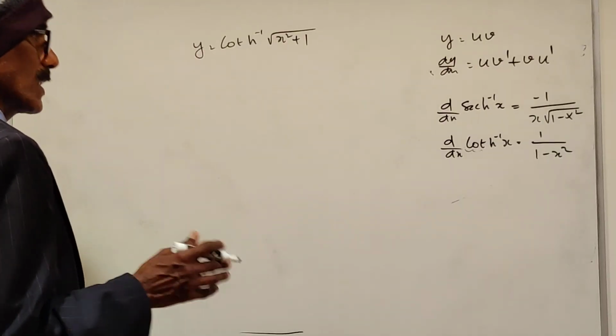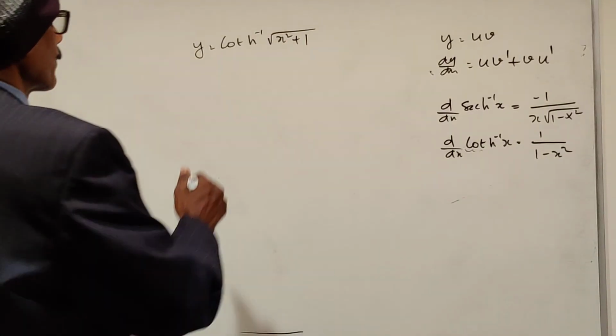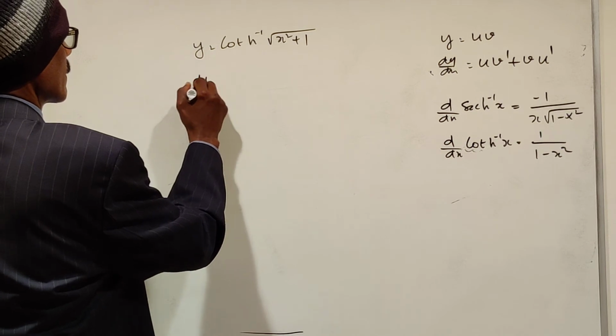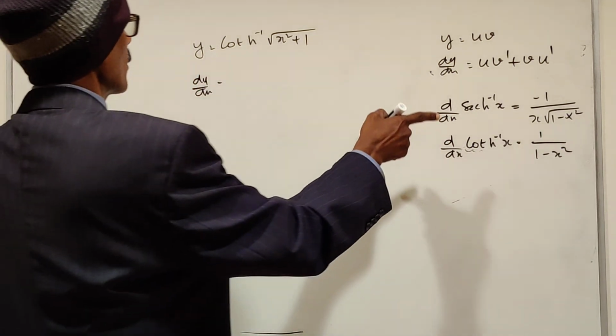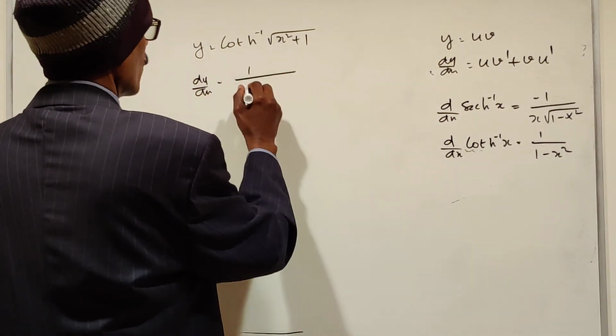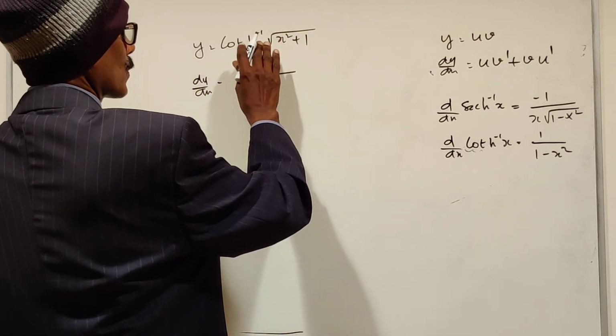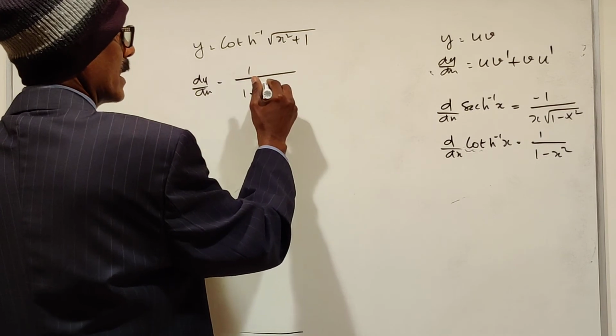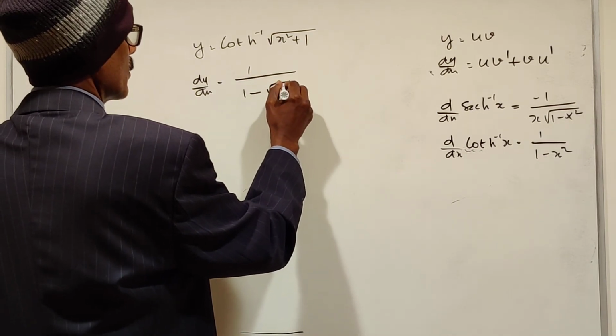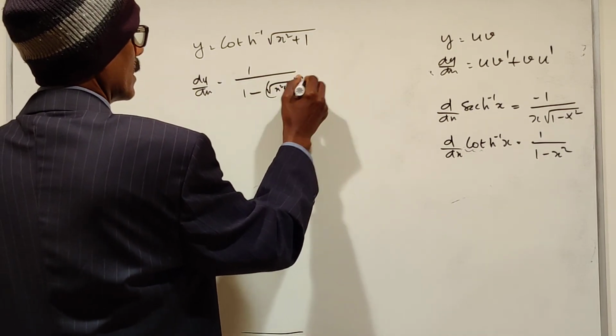Okay, both are same. So dy by dx equals, just apply the formula, 1 by 1 minus, what is x here? Square root of x square plus 1, the whole square.